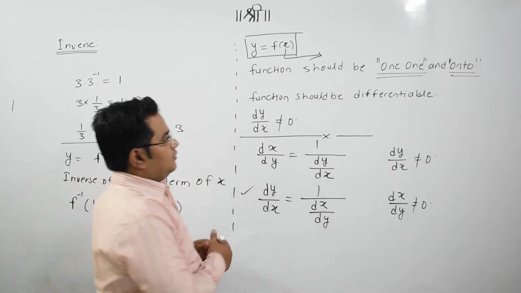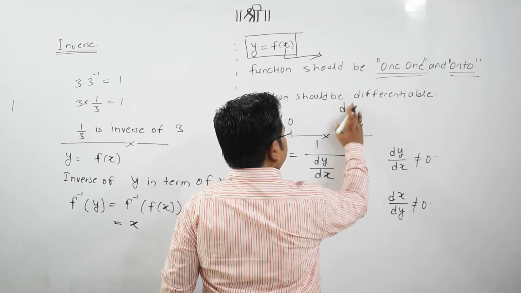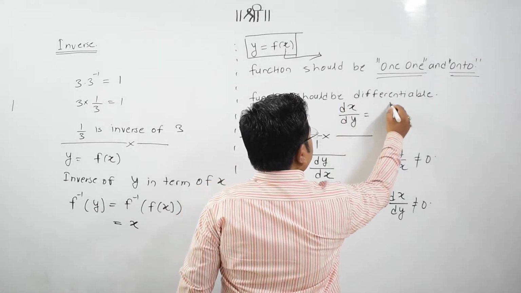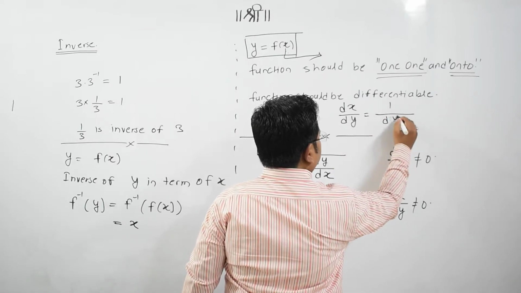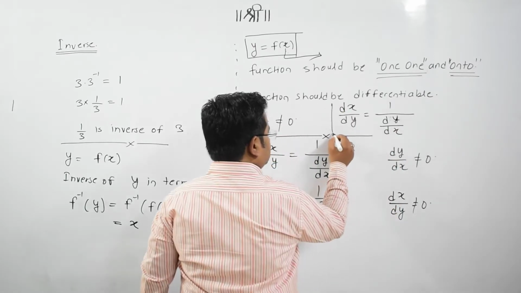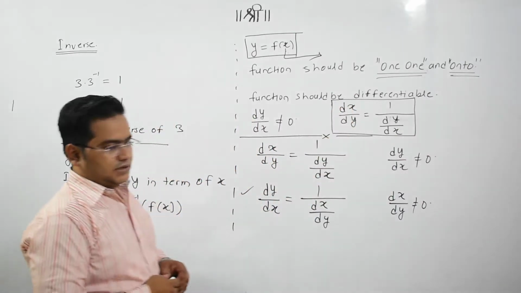Then only we have dx upon dy is equal to 1 upon dy upon dx.